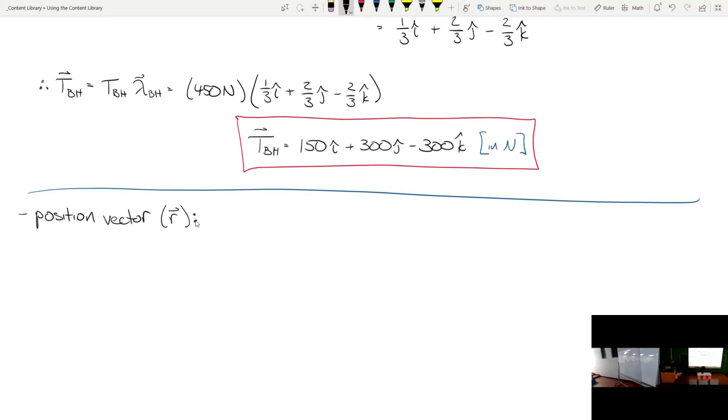Okay, so let's recall the definition, all right? So it needs to start anywhere along the axis in question.